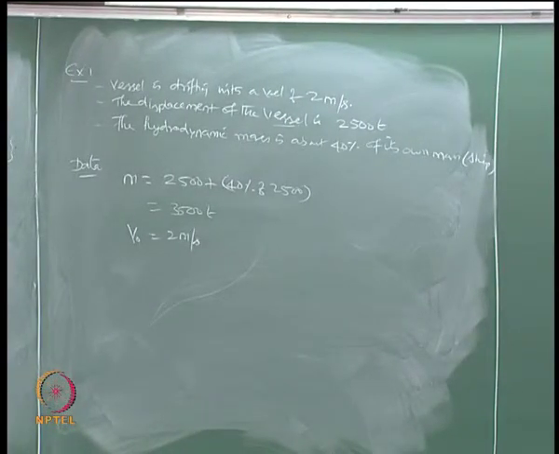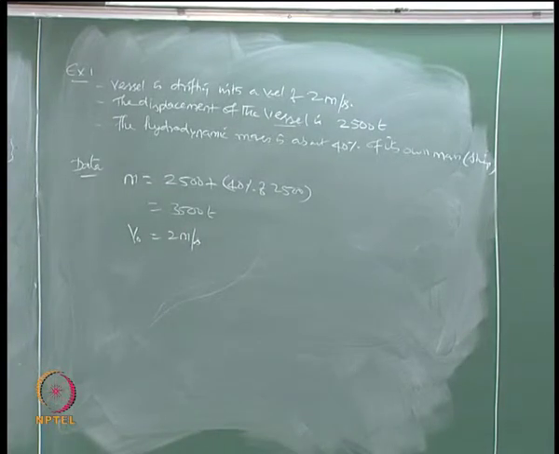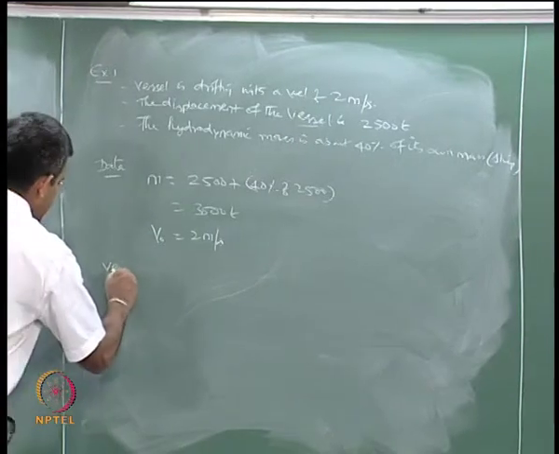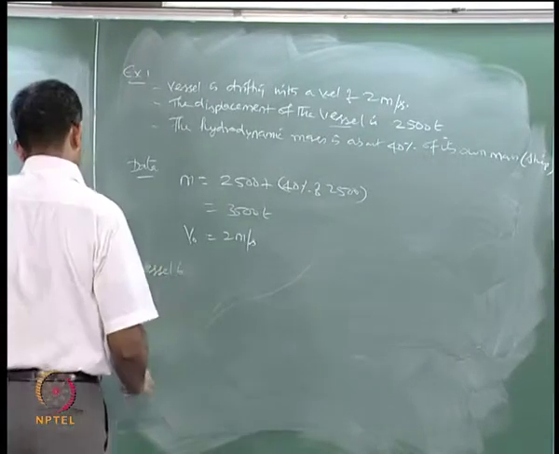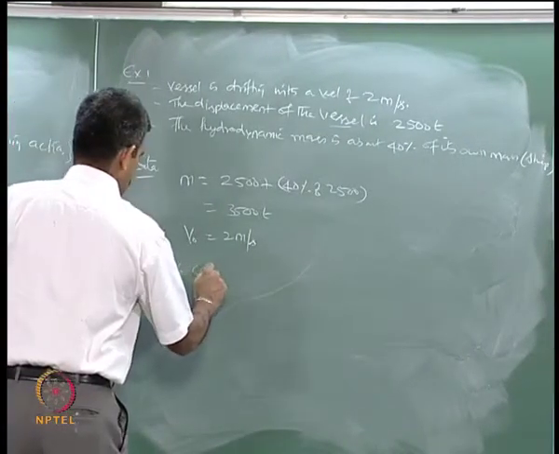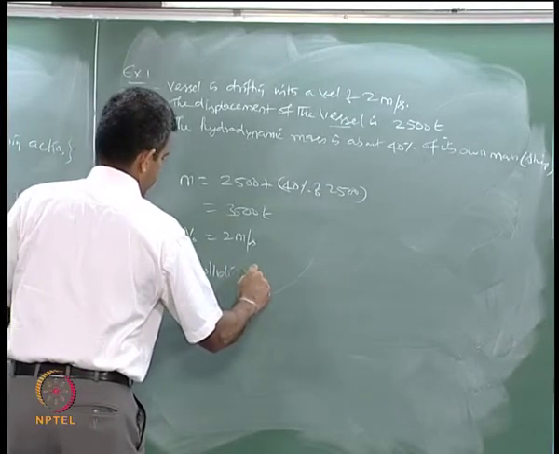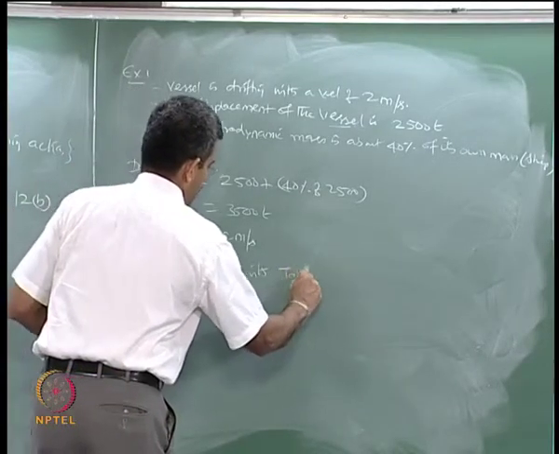Velocity V naught is given, okay. The vessel is impacting, is colliding with the jacket platform.